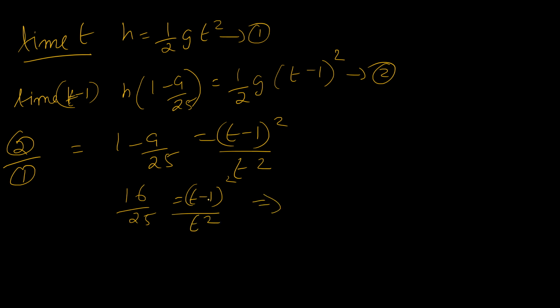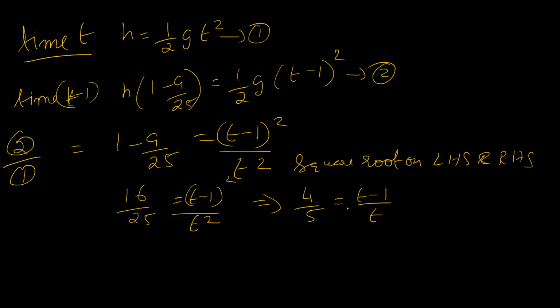Taking the square root on both LHS and RHS, we get 4 by 5 is equal to t minus 1 by t. So 4t is equal to 5t minus 5, and we get t as 5 seconds.